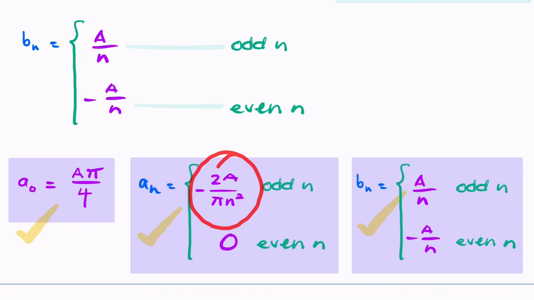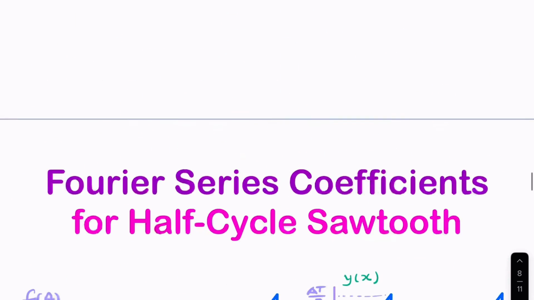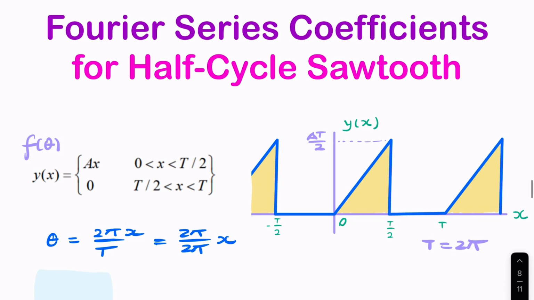AN will be a function of n, and in this case it depends on whether n is even or odd, and the same with Bn. So as far as I can tell, that's your final answer for the Fourier coefficients of a gated half-cycle sawtooth waveform.